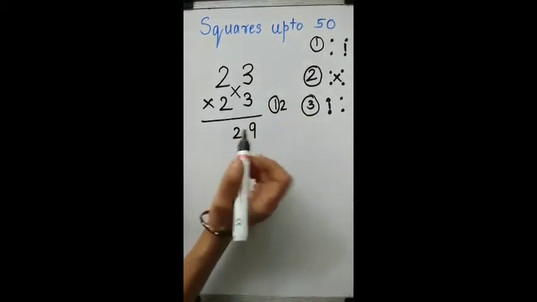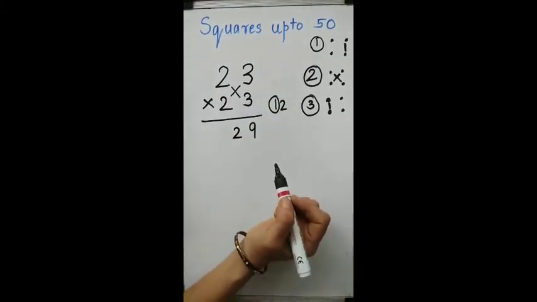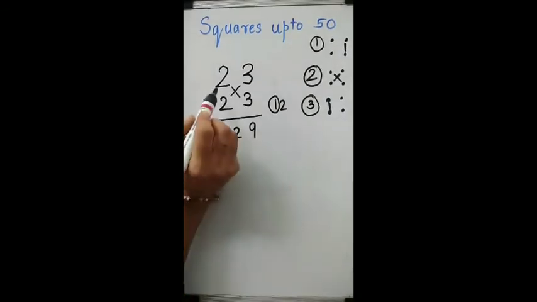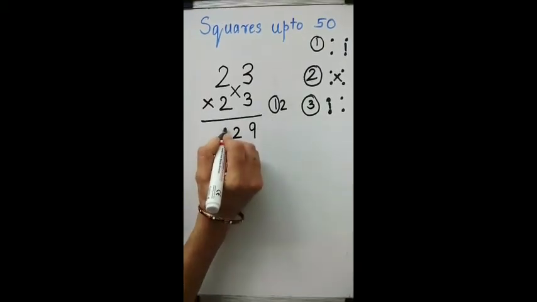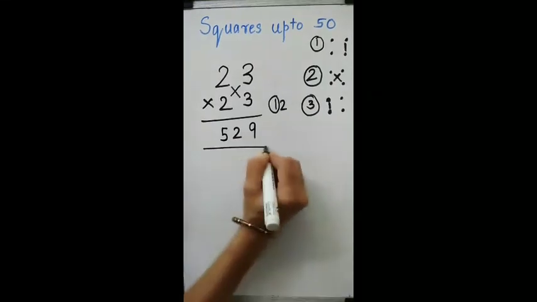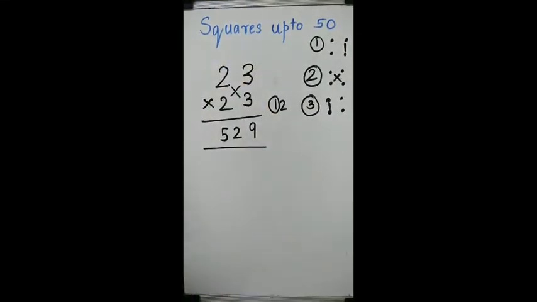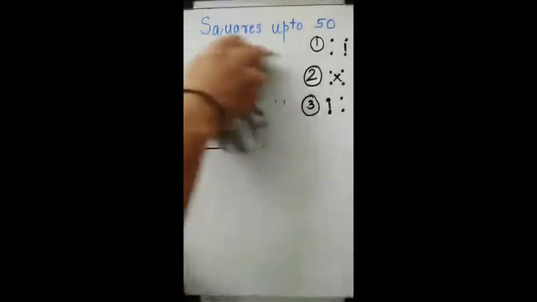That is my second step. Now my third step is I have to multiply the numbers in the tens place. 2 twos are 4 and this 1, so 4 plus 1 is 5. So the square of 23 is 529. Are you getting this? We'll see one more example and we'll understand.